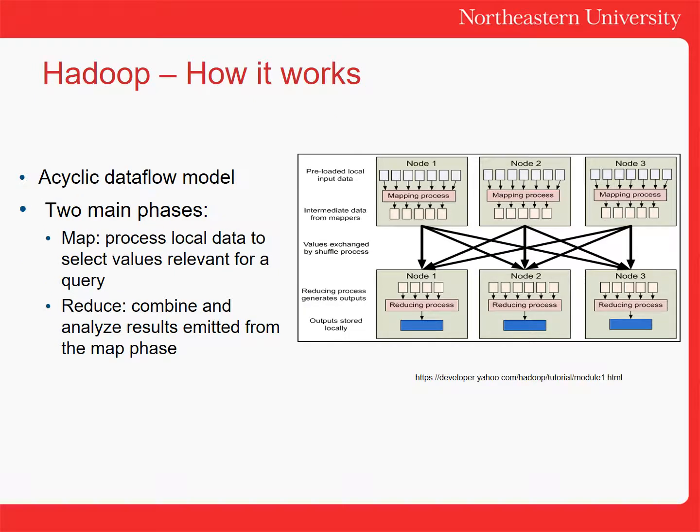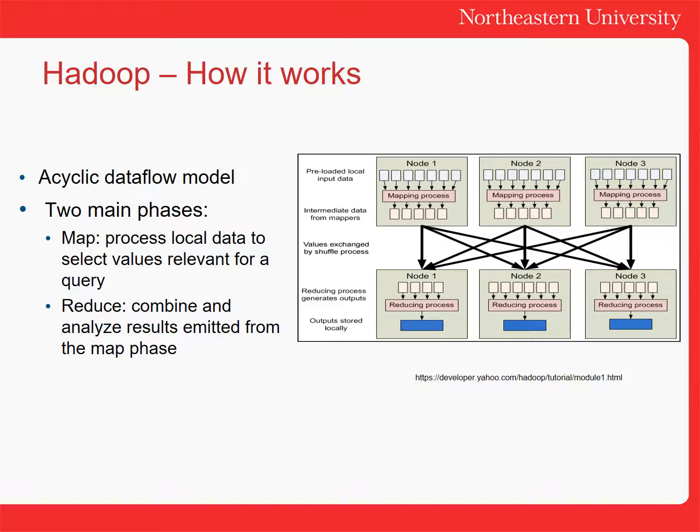So how does Hadoop work? It's basically built on an acyclic data flow model. And there are 2 phases in Hadoop that you program essentially. There's a mapper and a reducer. If you look at the diagram here, basically what you see is that the data that this particular example job is processing is spread across multiple nodes, and the data itself is partitioned on that node by default into 64 megabyte partitions.